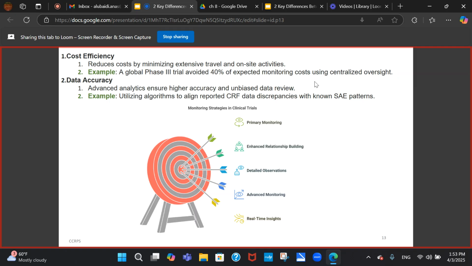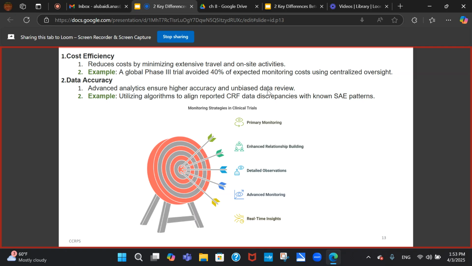Data accuracy. Advanced analytics ensure higher accuracy and unbiased data review. And here, as long as we mentioned the word advanced analytics, we are talking about advanced monitoring, which maintains the accuracy of the data. So advanced analytics ensure higher accuracy and unbiased data review.